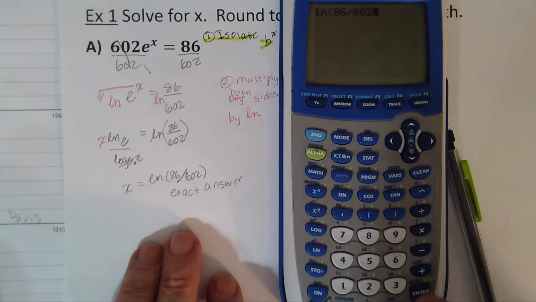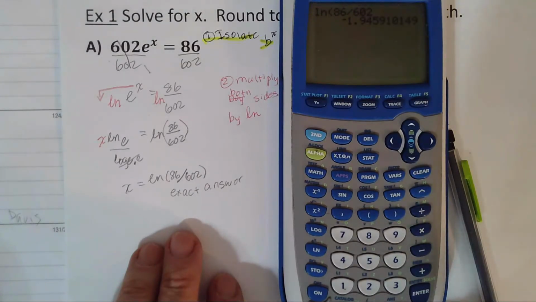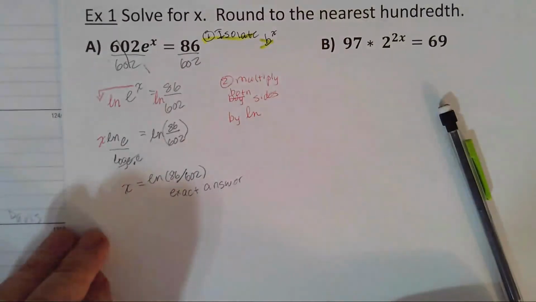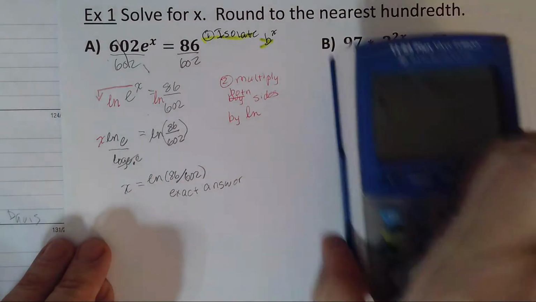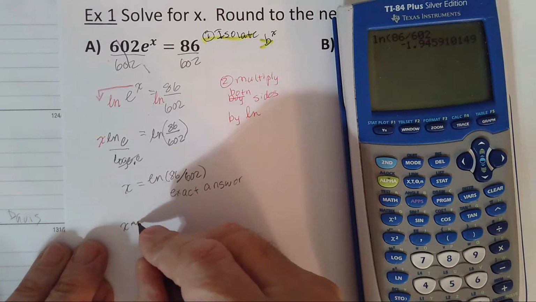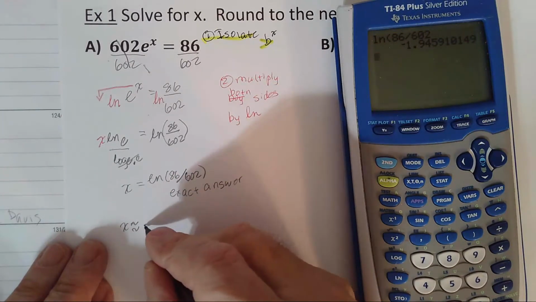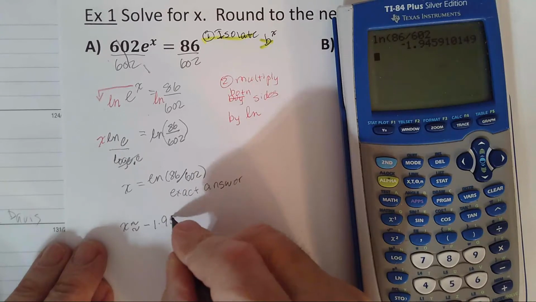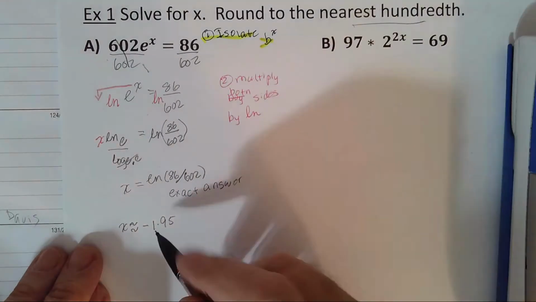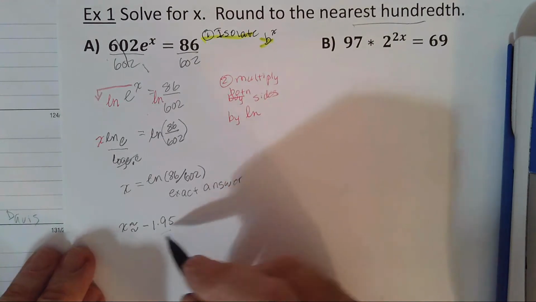And I get negative 1.945, which is approximately negative 1.95. So I'm going to write that. X is approximately negative 1.95. Okay? And we said round to the nearest hundredth, and that's what we're doing here. Okay? All right.